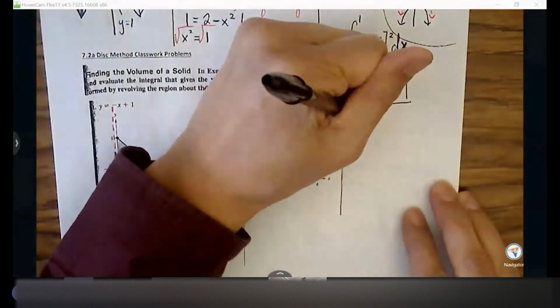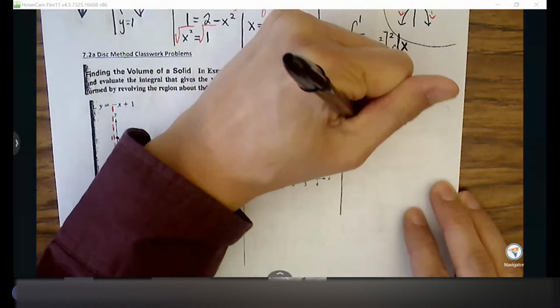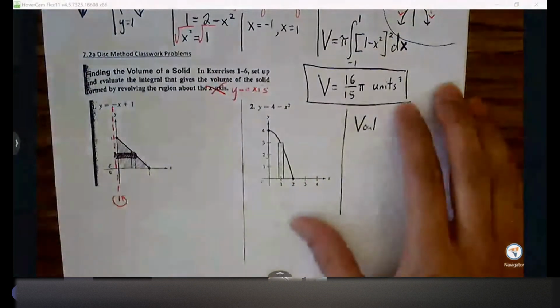So here's the volume formula that's adapted for right minus left.